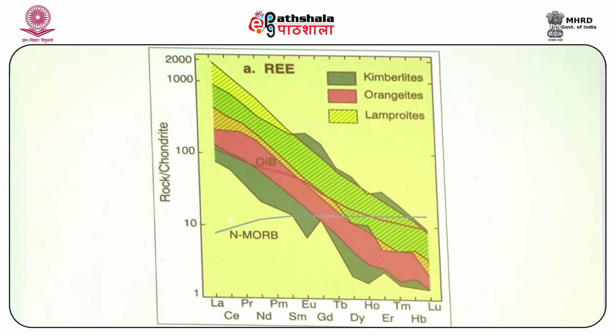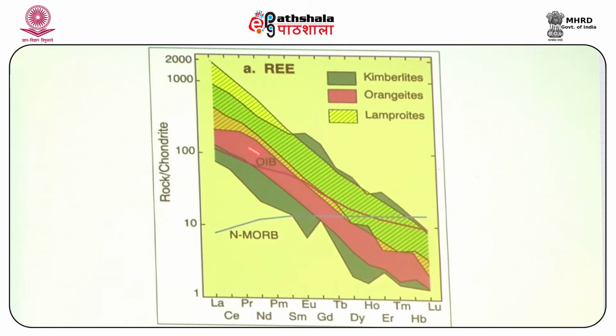So, you will see that light rare earths are less, say about 10 times chondrite, compared to the heavy rare earths, which are less than or about 10 times, but these are less. So, this is the typical pattern that you expect from a rock which comes out of a depleted mantle. This is known as N-MORB. N means normal mid-ocean ridge basalt.